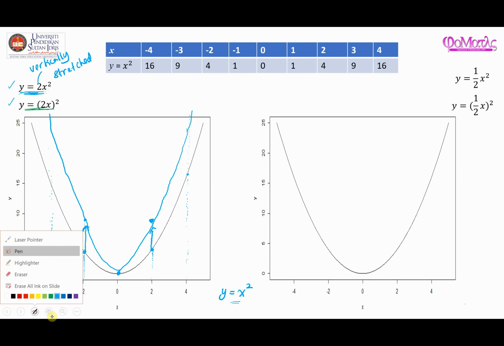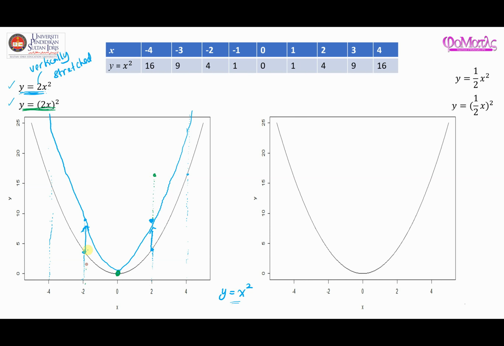Now let's look at the second function here. When x is 0, it will be somewhere here too. That maintains at y 0. When x is 2, the value will be at 16.